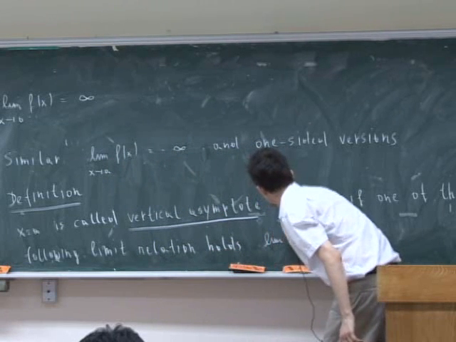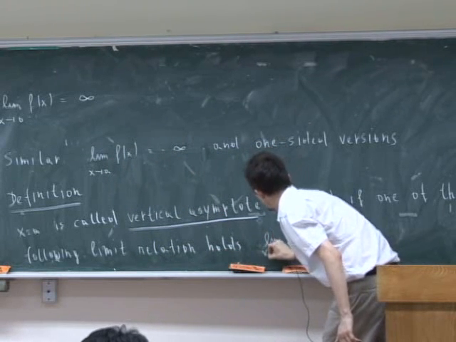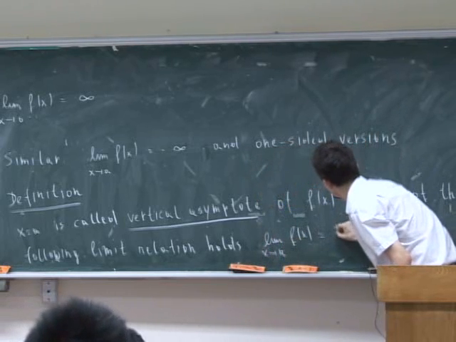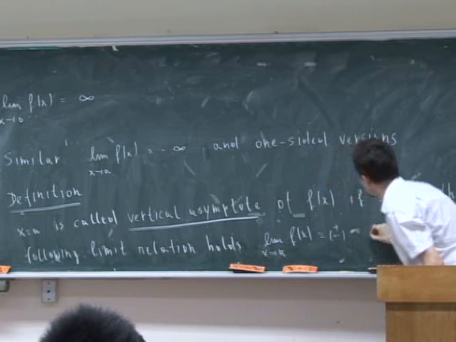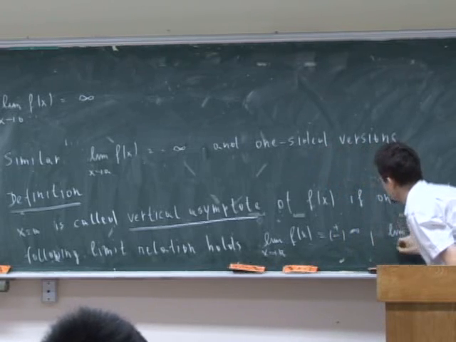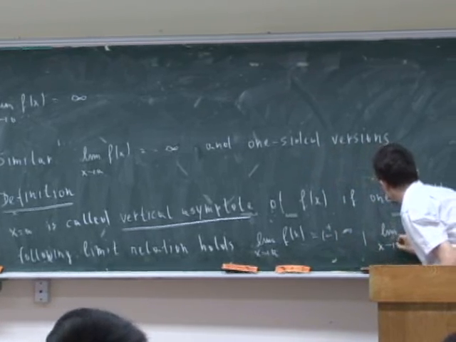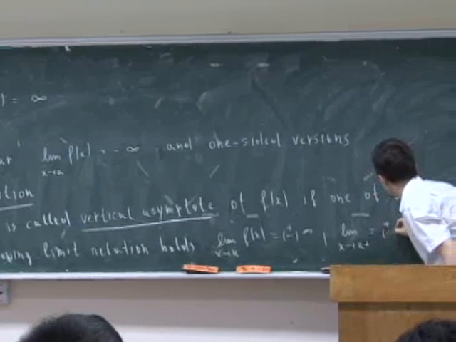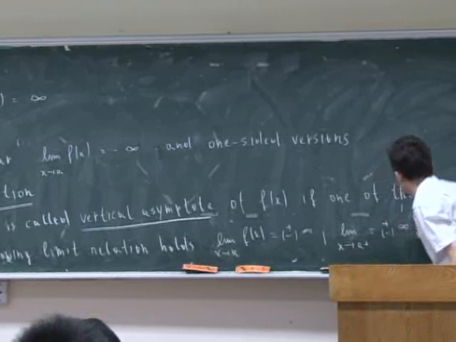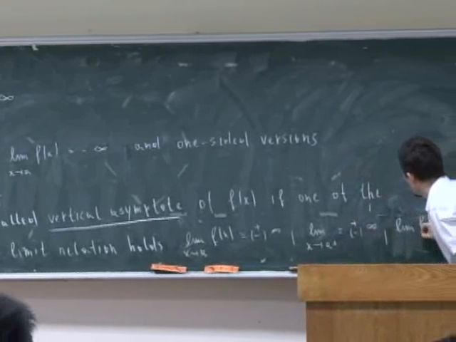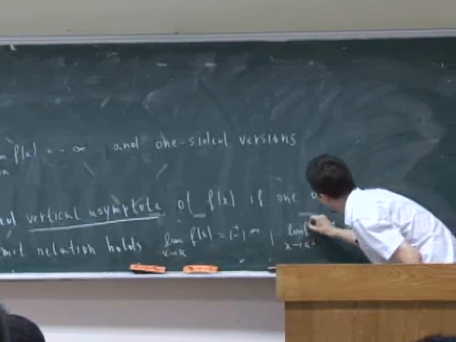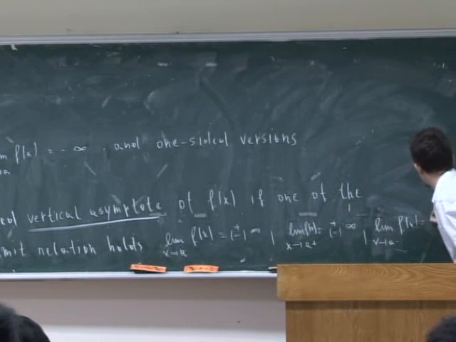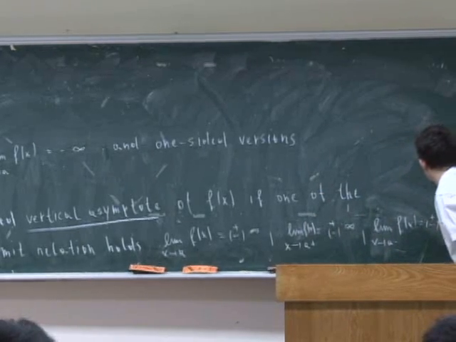The limit of f of x as x approaches a is equal to either plus or minus infinity, or the limit of f of x as x approaches a from the right is either plus or minus infinity, or the limit of f of x as x approaches a from the left is either plus or minus infinity.